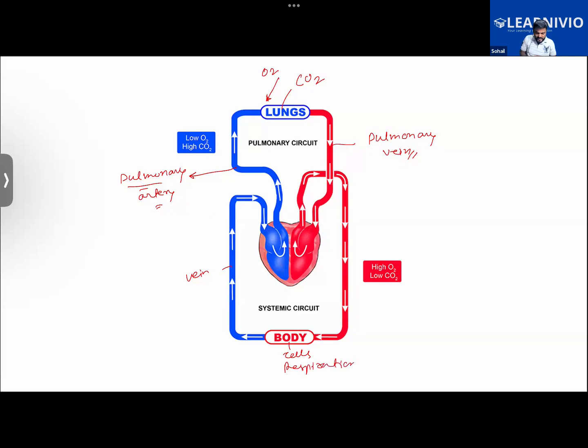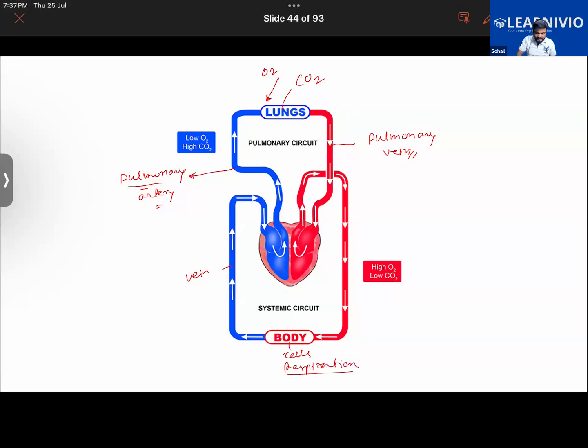Fatima, which gas is released in the process of respiration? Sir, carbon dioxide. Is it a waste or a useful substance? It's a waste substance for the human body. Yes, it's waste. So carbon dioxide will go into the veins or the arteries?